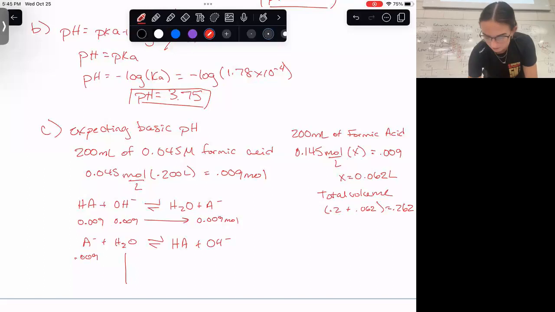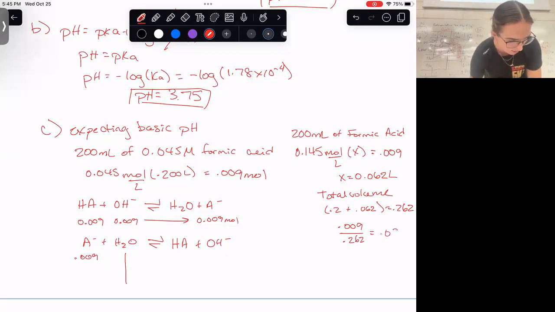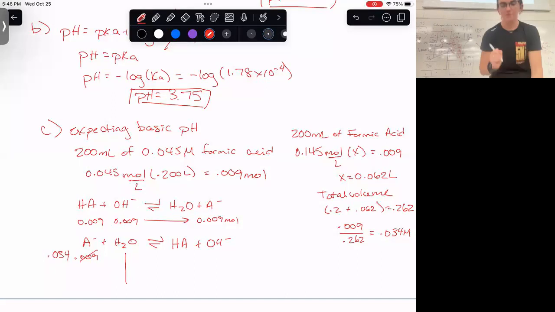So we can divide 0.009 by 0.262, and we get 0.034 molar. We could then use that 0.034 molar and plug that into our concentration of our conjugate base that we're starting with.